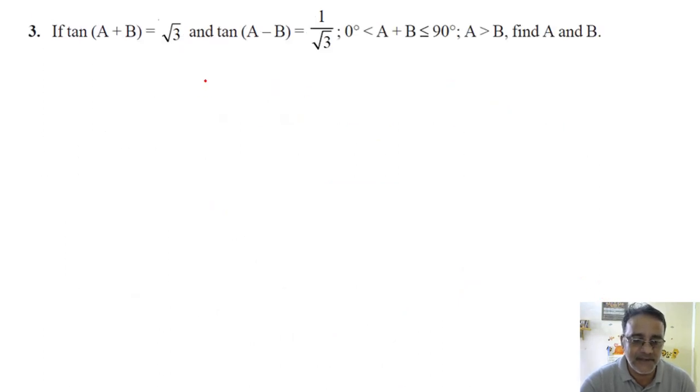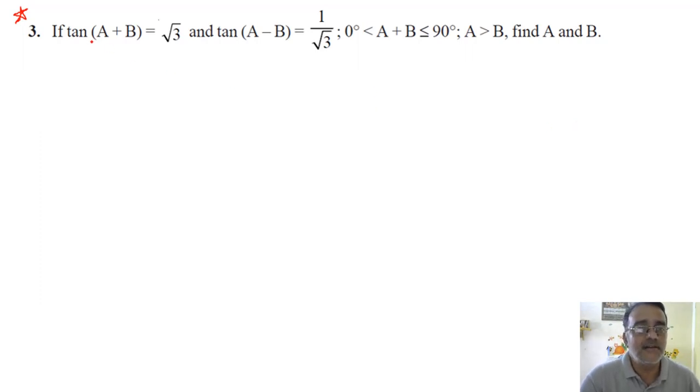Now this is very important for this year's board exam. If tan of A plus B is equal to root 3 and tan of A minus B is equal to 1 upon root 3, where A plus B is less than or equal to 90 degree, greater than 0 degree, that means an acute angle, and A is greater than B, find A and B. A plus B is an acute angle, but it can be a right angle also.